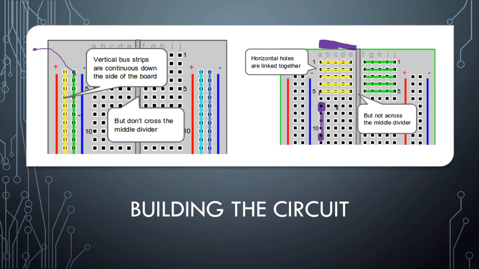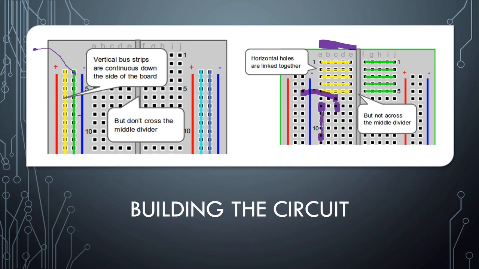You could put the leg of your LED in this hole, for instance, and then you could put the second leg up here in the next row, and then you would have a wire connecting this to the ground. Because your LED and your resistor would be in the same row here, they would be connected. That would complete the circuit.